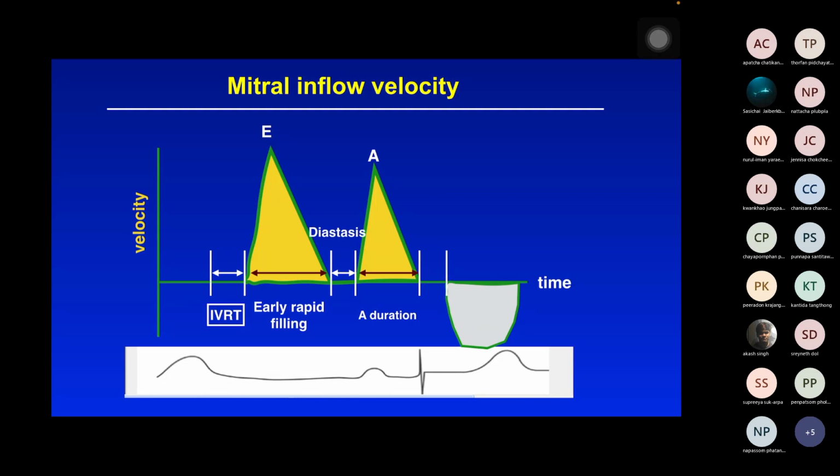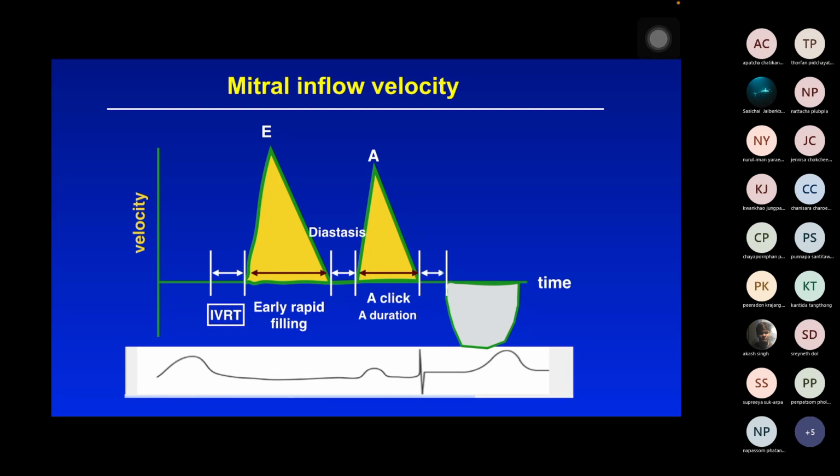In this one, you can measure the time. This one is the IVRT, the isovolumetric relaxation time. And this one is the A duration, from the start of the A wave to the end of the A wave.